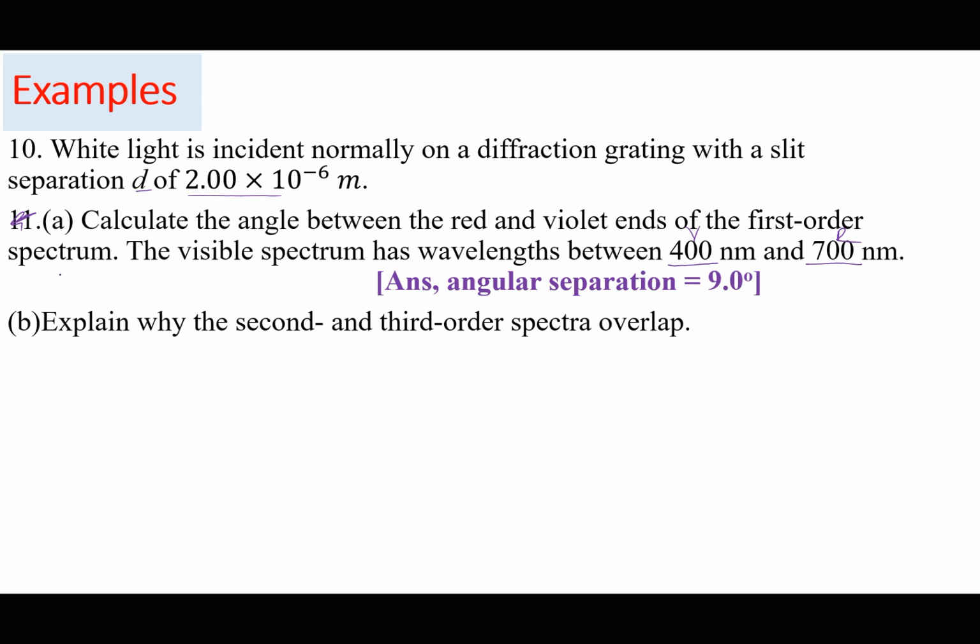So you'll find theta. I'll just give you a hint here because the formula is the same: d sine theta is equal to n times lambda. They have given us d. So you can find the theta for red. Remember n is first order, so n is equal to 1.